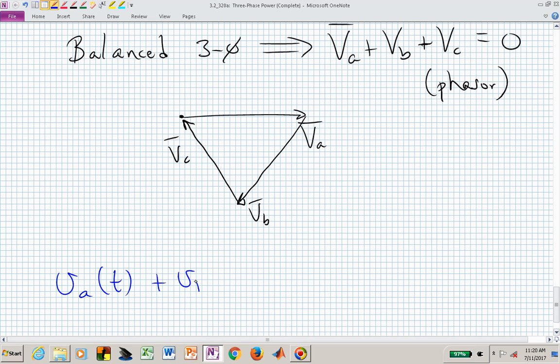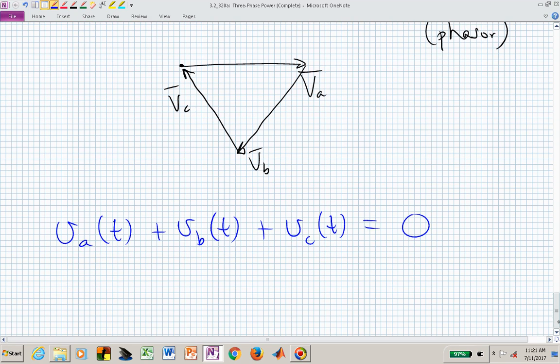If I now add that to the B phase and the C phase instantaneous values of voltage, that likewise will be 0. So as these three voltages are spinning around in time, if we added those three up at any instant in time, the instantaneous value is going to be 0.